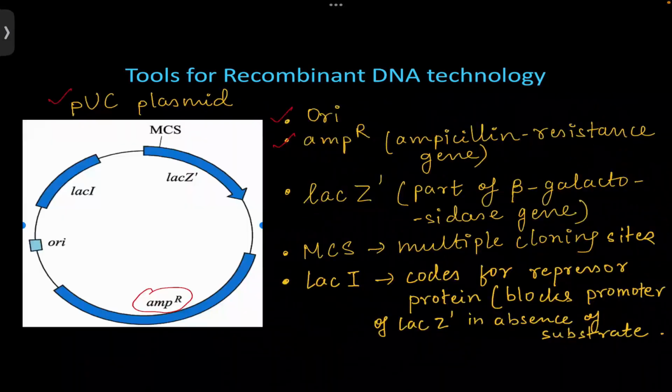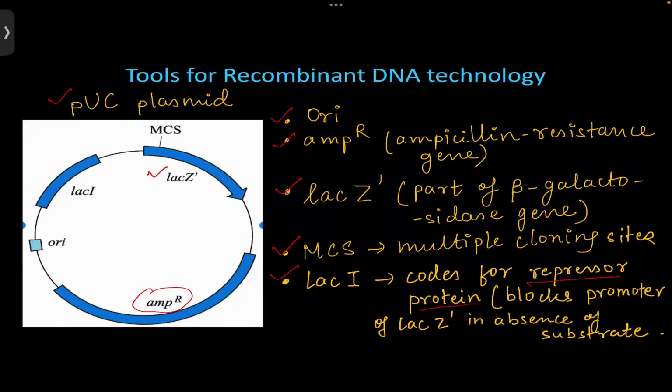This part is called LacZ prime, and within LacZ prime there are multiple cloning sites, basically the recognition sequences for different types of restriction endonucleases, as well as a gene that codes for the repressor protein.